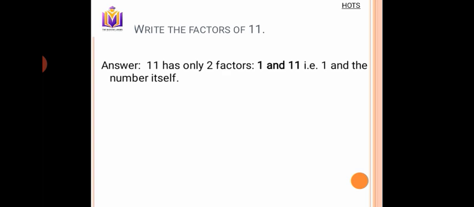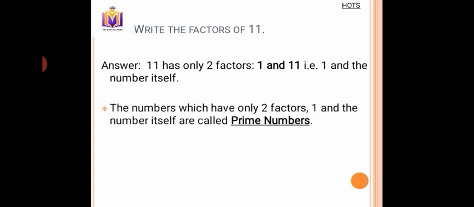So 11 has only two factors. One is 1 and another one is 11. That means 11 only comes in two tables, that is 1 and 11, 1 and the number itself, because 11 doesn't come in any other table.